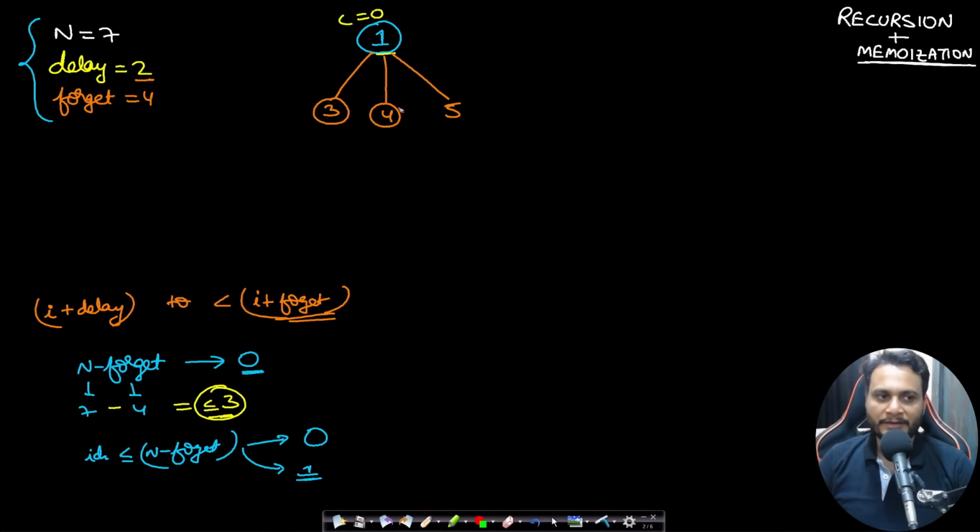Will it spread to 5? If you look, the value of I is actually 1, and forget is 4, so it should be less than 5. So we are done. Now this first person cannot spread to any other person, and let's say that day equals person, because on each and every day we will be spreading to different people. So this person A cannot spread beyond this point.